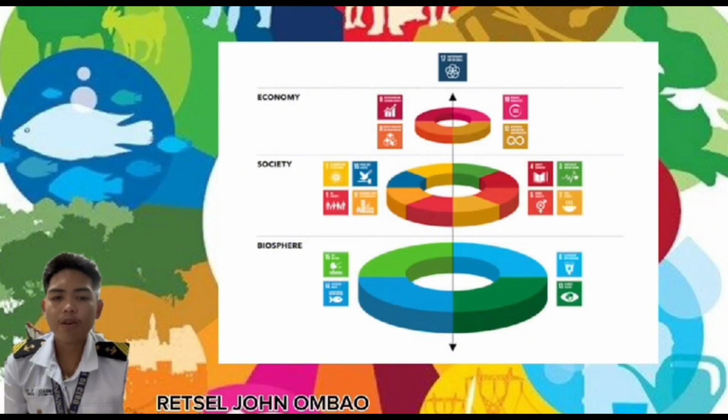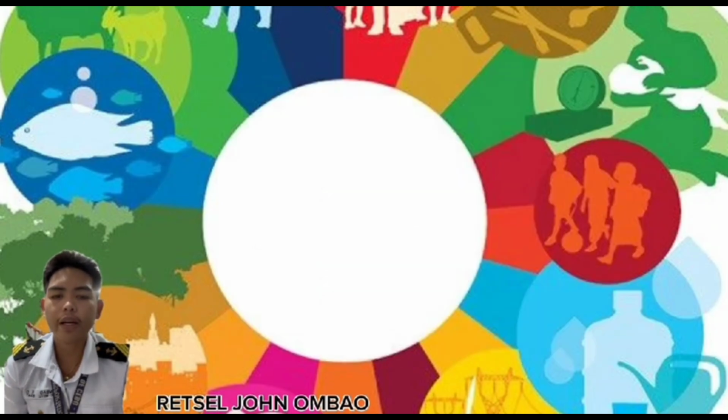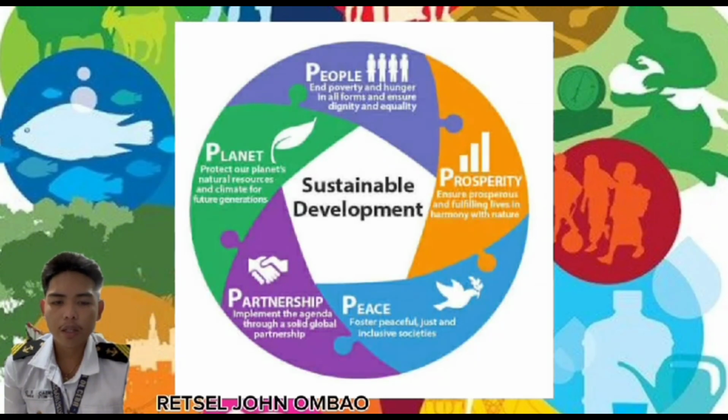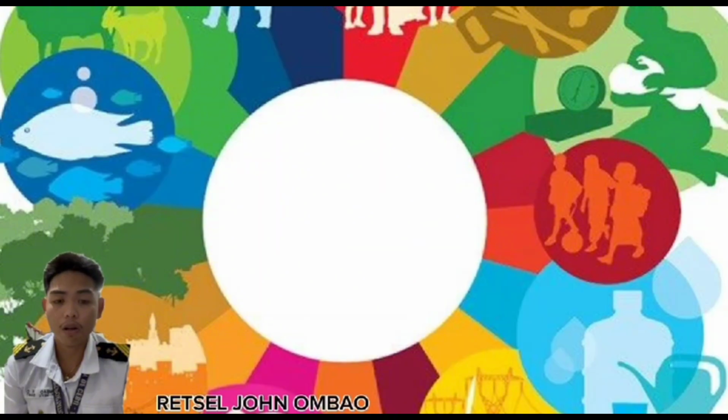The expansion reflects the need for a more holistic approach to development. From the original 8 MDGs, the world now follows 17 SDGs, offering wider coverage and ensuring that no one is left behind. This transition marks a stronger commitment to building a healthier, more equitable, and more sustainable future for all.